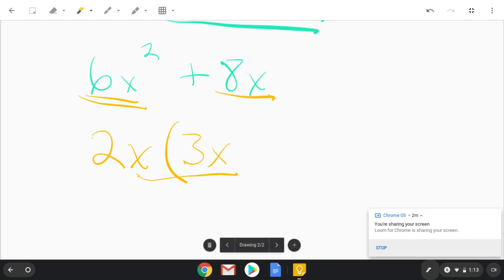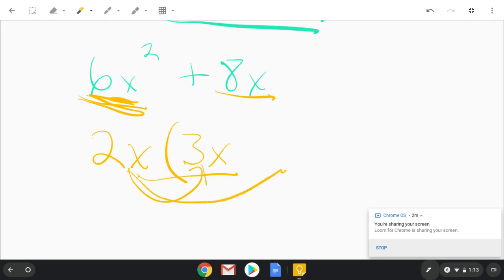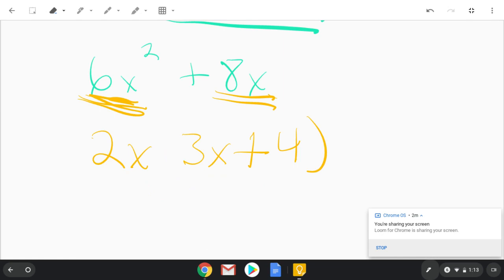So 2x times 3x gives us 6x squared. That's what we wanted. And then 2x times what will give us the 8x? That's going to be 4, so plus 4. Oh, erase my parentheses there. And that's all. That's factoring.